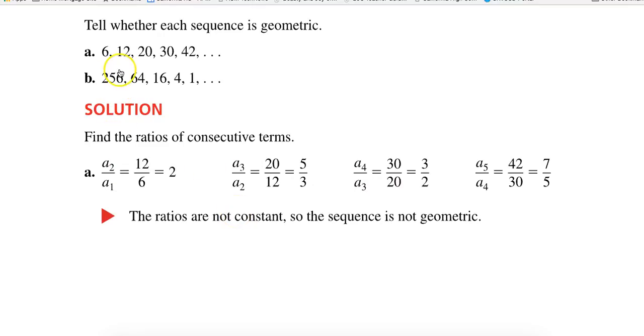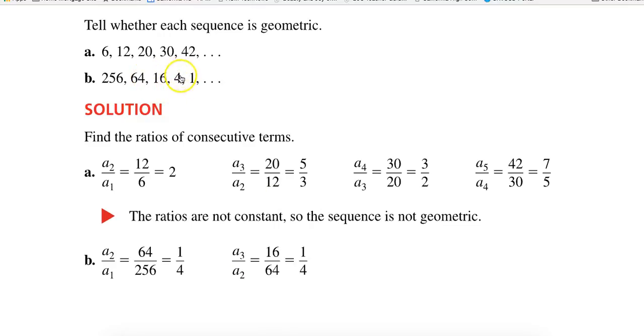Now let's try our next. So remember our same steps. We take each term and divide it by the one before it. So 64 over 256, we get 1/4. We take A2, divide it by A1. Now let's take A3 divided by A2, our third term divided by our second. Hey, we get 1/4. So far we're looking good.